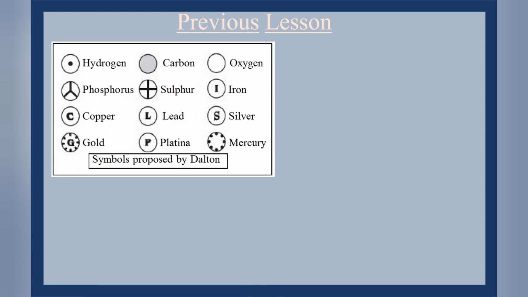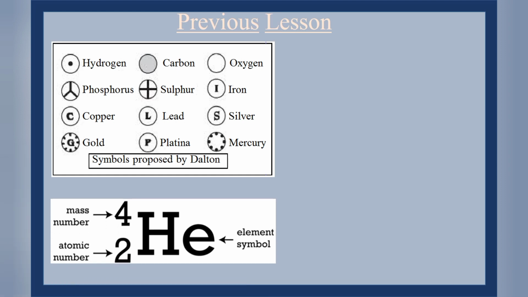Again, we came to know about the symbols which were proposed by Dalton, that looked like this image, like hydrogen. This sort of symbol was used that time. Phosphorus, this type of symbol was used that time, but later it got changed.